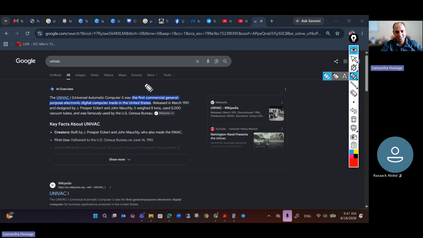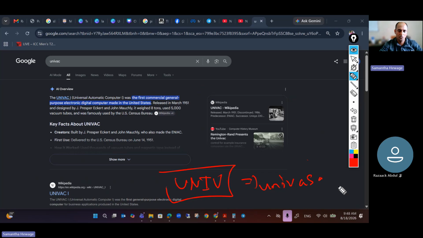Like 5 to 6 marks. Universal automatic computer. So this is the meaning. UNI means universal. See how this name comes: UNIV, universal. In universal, they take the first 4 characters.